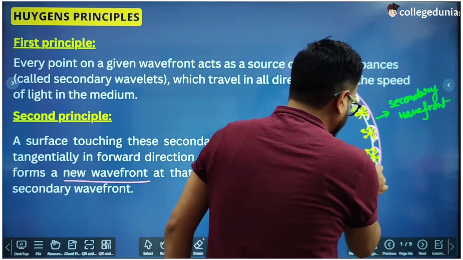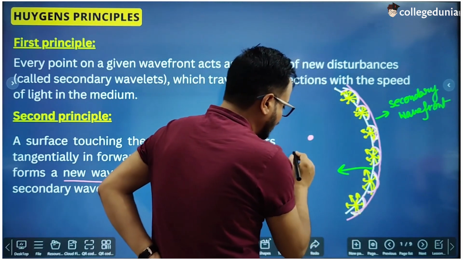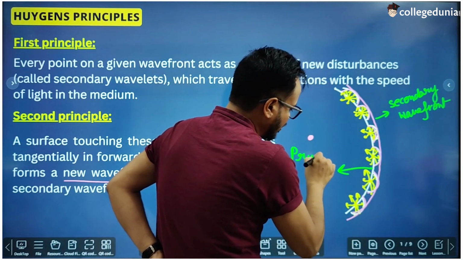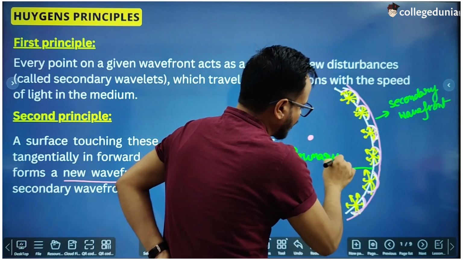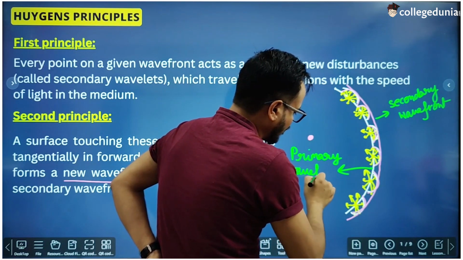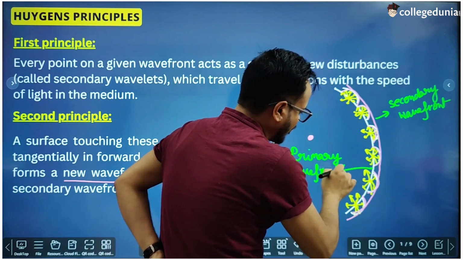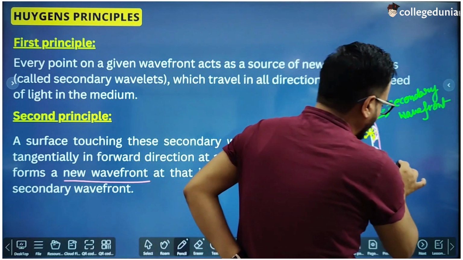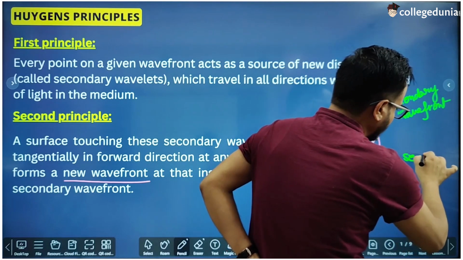And this wavefront was the first wavefront that we have considered. This is called the primary wavefront. And these are called the secondary wavelets.